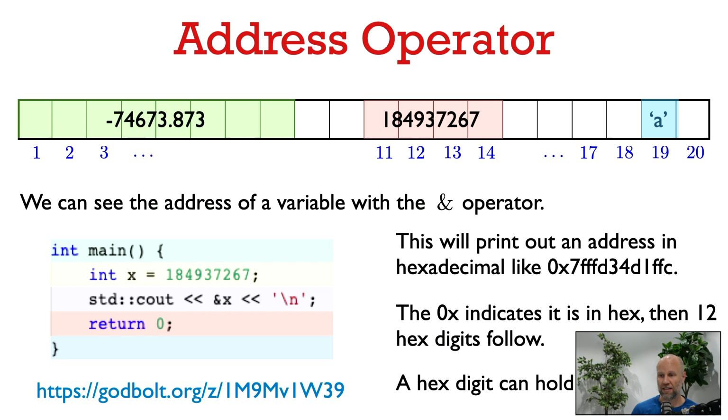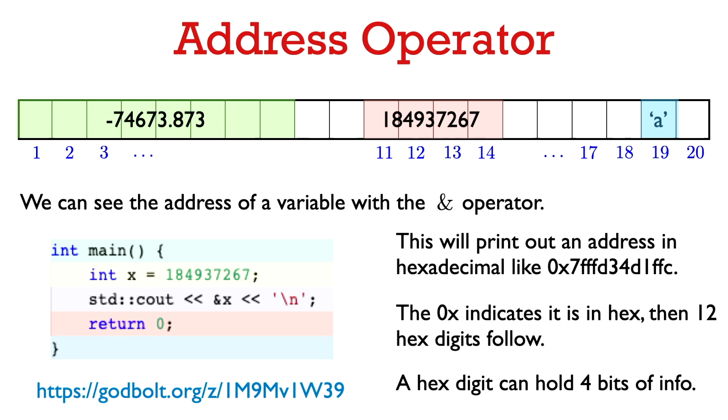Usually it's given in hexadecimal. So when I ran this on Godbolt, it printed out 0x7FFF blah blah blah. Okay, so the 0x just indicates that what follows is given in hexadecimal. And then if you count it, there's actually 12 hex digits that follow.